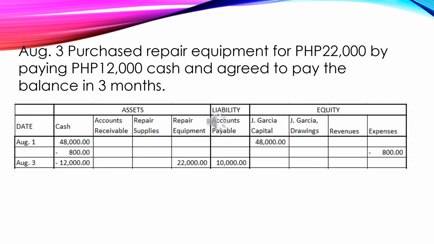So as you can see from August 1 transaction to August 3 transaction, the accounting equation remains balanced. For the assets, the total of assets is still equal to the total of liability plus equity.